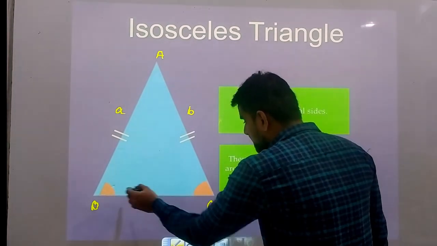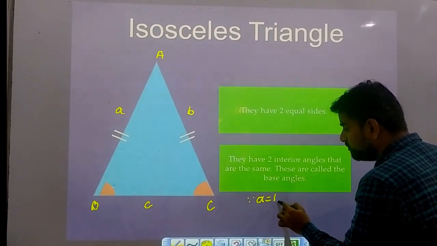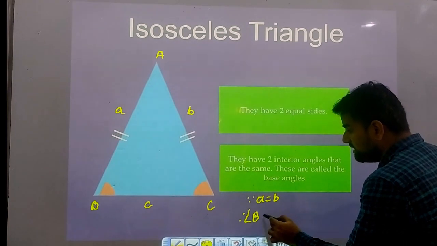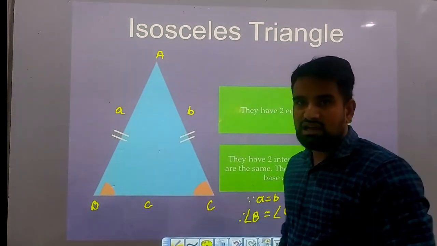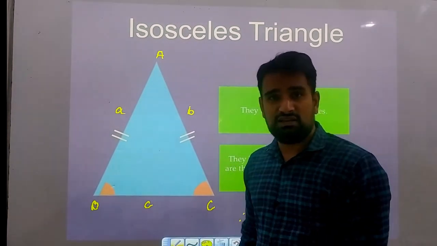So therefore, since a is equal to b, angle capital B is equal to angle capital C. So these are the base angles and they are always equal to each other in any isosceles triangle.